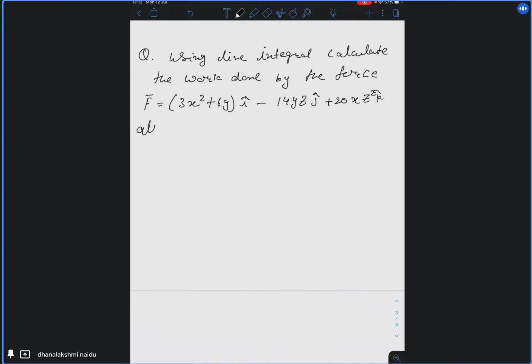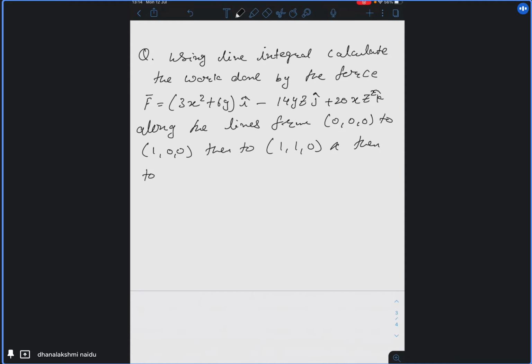But it is given along the lines from (0, 0, 0) to (1, 0, 0), then to (1, 1, 0), and then to (1, 1, 1).